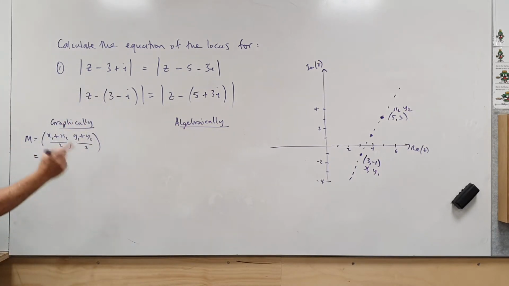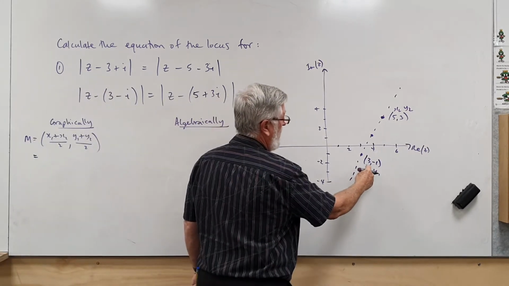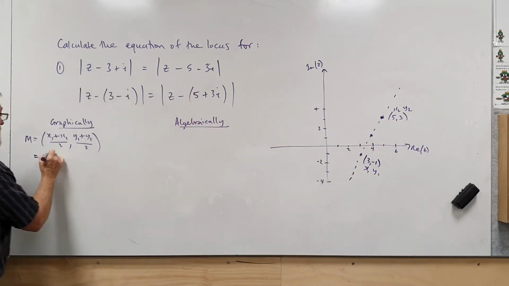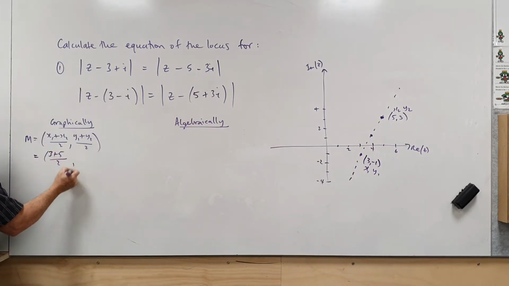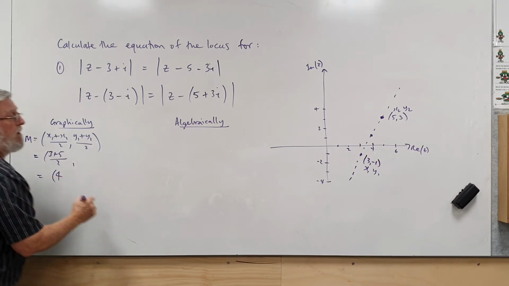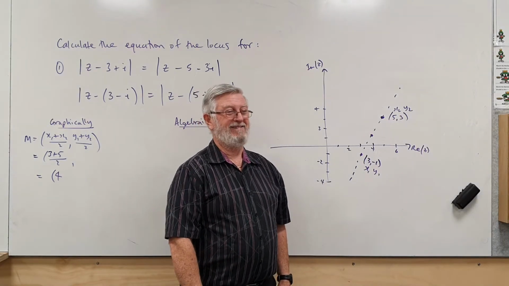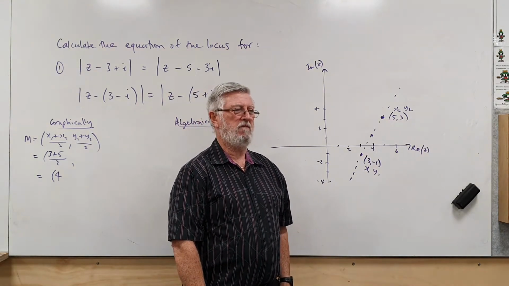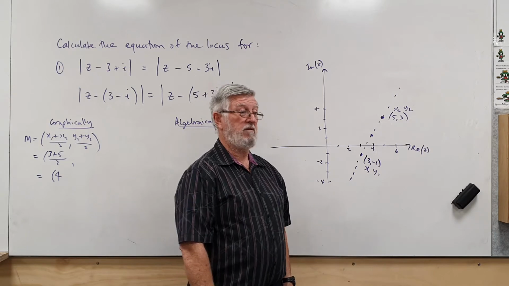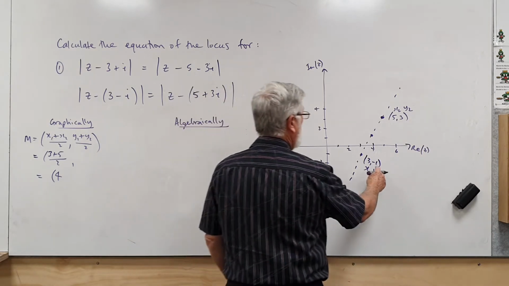But let's do it for once, because I don't know if I've done this with you guys before. So it's 3 plus 5 over 2, which happens to be what? 4. What's halfway between 3 and 5? You go, guys, okay with midpoint, just halfway between, the midpoint. So what's halfway between minus 1 and 3?